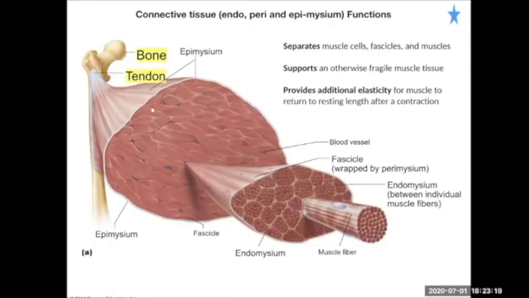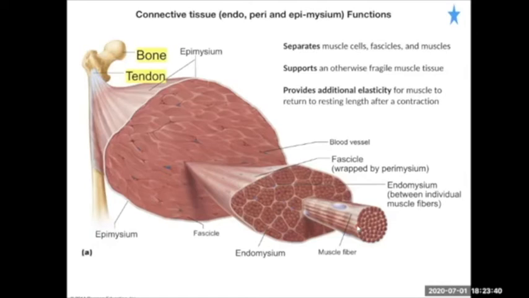So all these are isolating each different element from each other, and also from the other structural levels of organization. The other thing is these muscle cells, even though they're packed with actin and myosin and have structural proteins, are long, fragile cells, right?